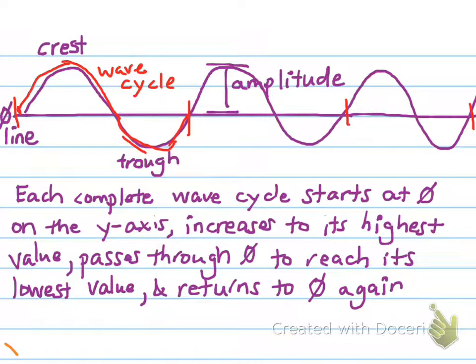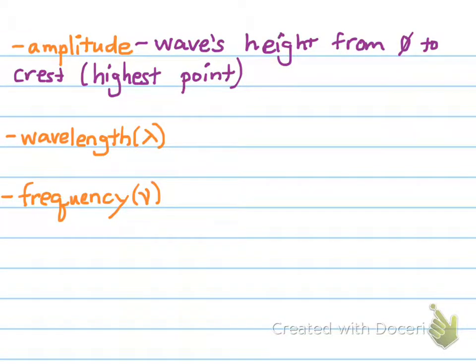Next, we're going to talk about the wavelength. The wavelength is the distance between crests. So this is our wavelength. So wavelength is the distance between the crests.